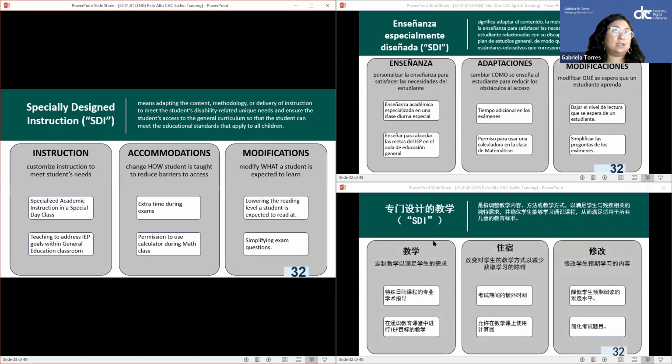And it means adapting the content, methodology, and the delivery of instruction. These are just some examples. They are not at all exhaustive. There are lots of ways that these can be altered in order to meet the needs of a student. So with respect to instruction, you can customize instruction to meet the needs of a student by offering specialized academic instruction in a special day class.